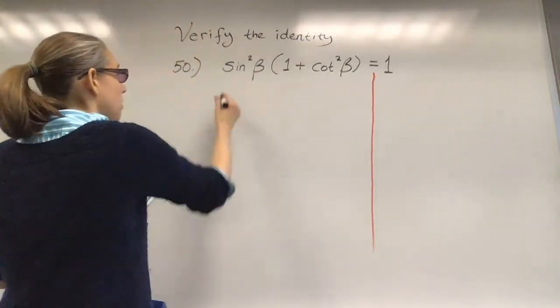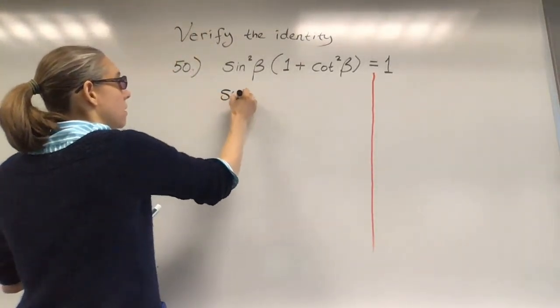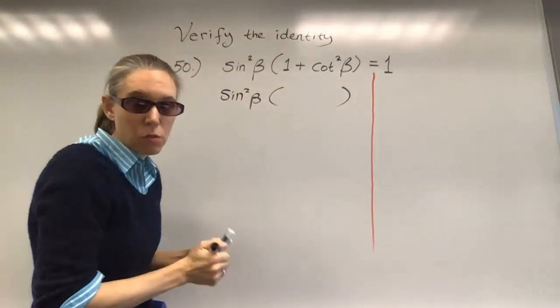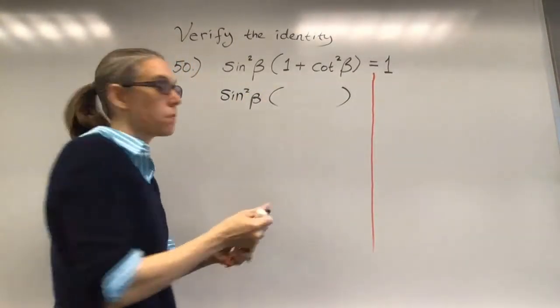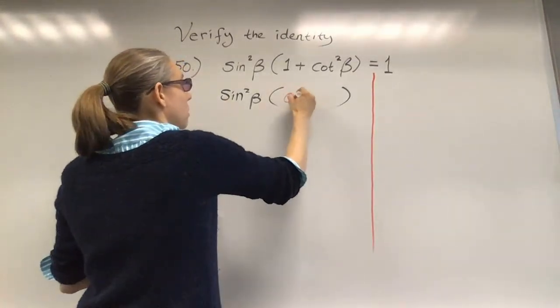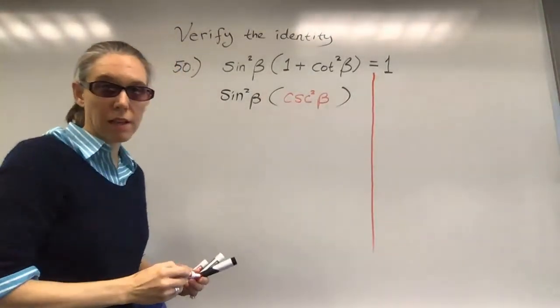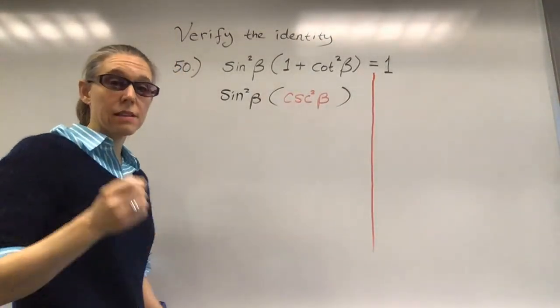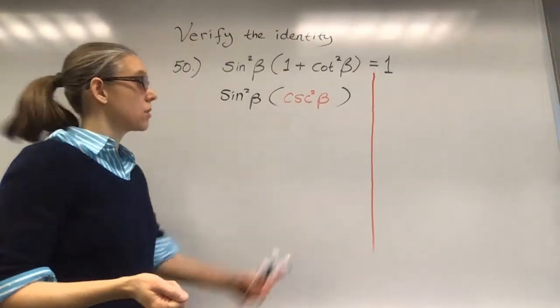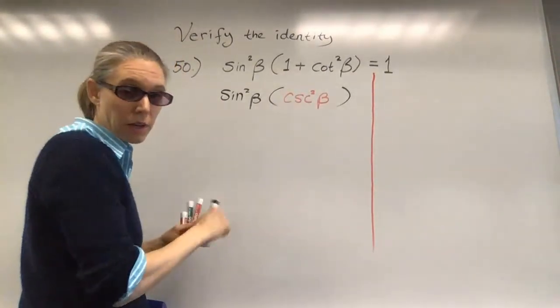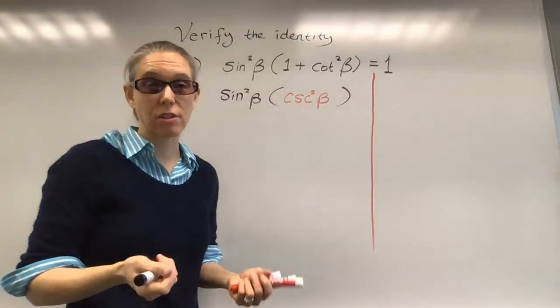So I'm going to rewrite this side, but I'm going to replace 1 plus cotangent squared with cosecant squared beta. Okay, so that's step 1. Step 2 is now to replace cosecant squared with the reciprocal of sine squared. You have to do it to one of them.